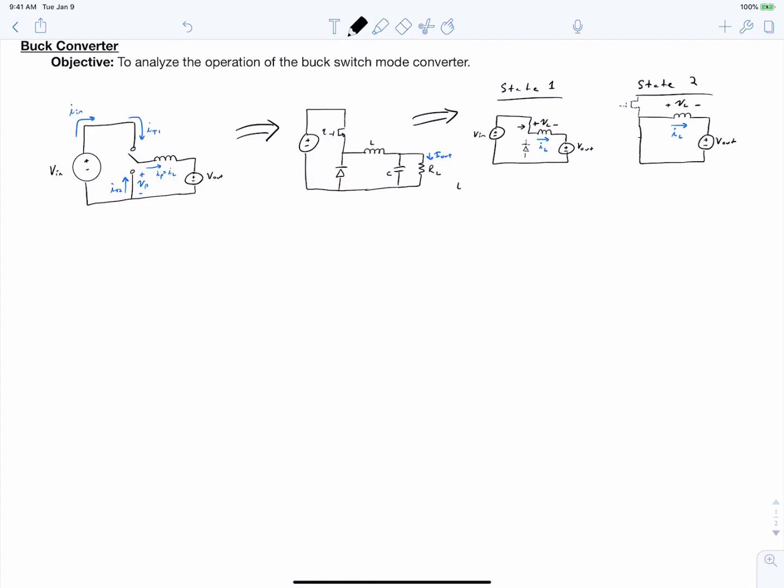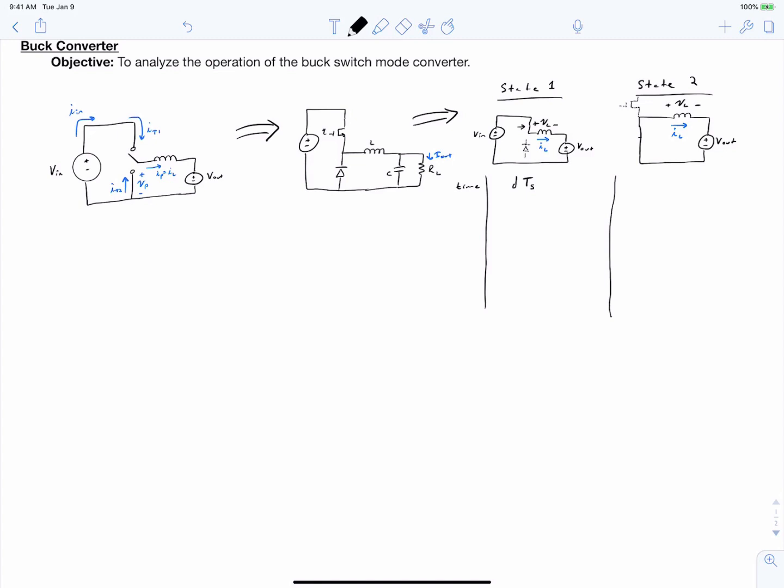The first quantity of interest is going to be the total time that we reside in each of the states, whether we're in state 1 or state 2. And the amount of time that we spend in state 1 is going to be expressed as D times TS, where D is the duty ratio of our MOSFET, and TS is the switching interval for the converter. 1 over TS is our switching frequency, Fs.